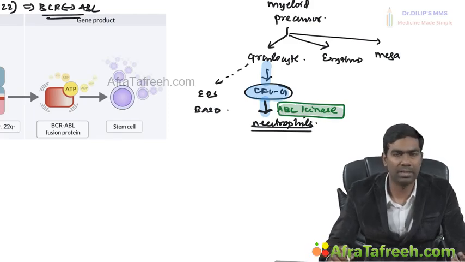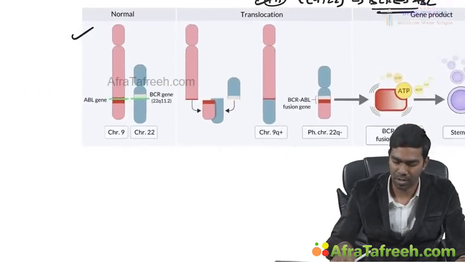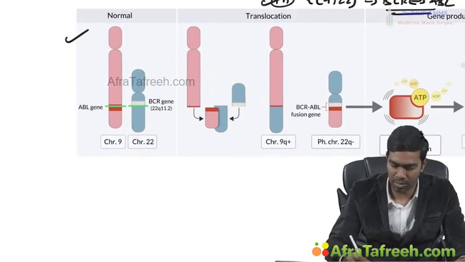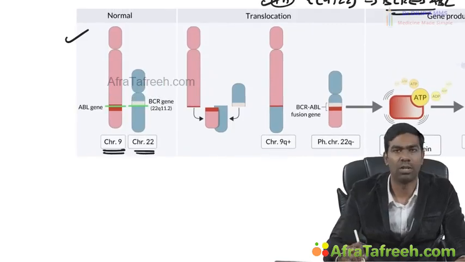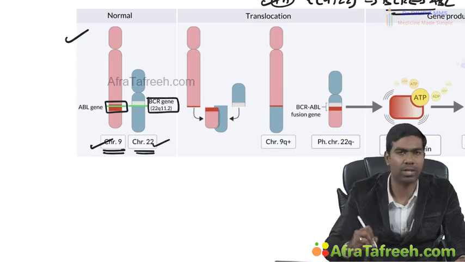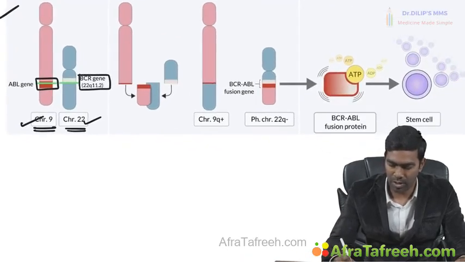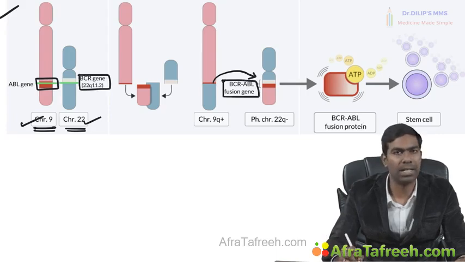But what happens in CML is, because of this 9;22 fusion, you can see here, you have chromosome number 9 and chromosome number 22. You have the ABL gene on chromosome number 9, and the BCR gene on chromosome number 22. As a result of this fusion, you can see this ABL gene has jumped, and you result in something called a BCR-ABL fusion.